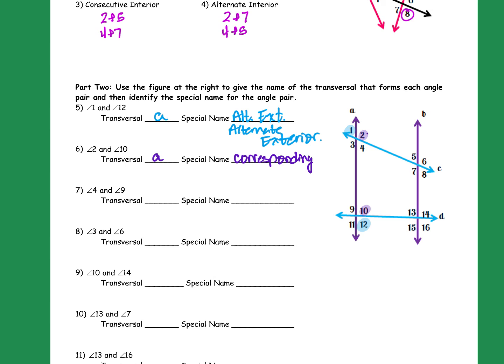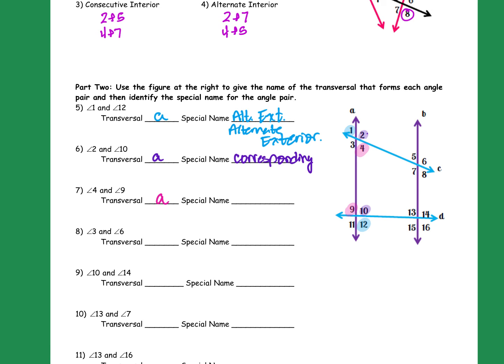Okay, 4 and 9. Angle 4 and angle 9. So which transversal are we on? My transversal is still A. Okay, so what do we have?